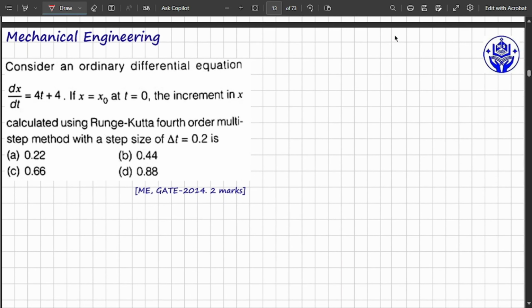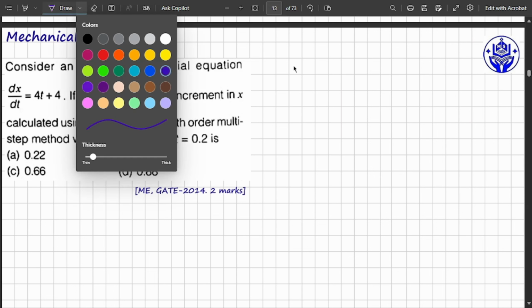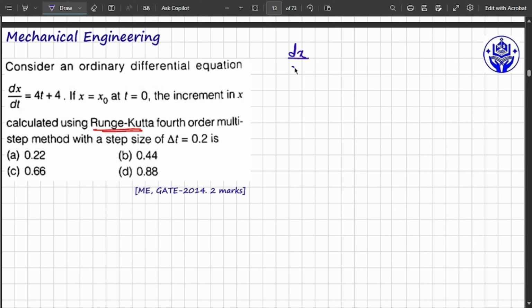Next, consider an ordinary differential equation. This is related to a differential equation, and the method is basically Runge-Kutta. The given differential equation is dx by dt equals 4t plus 4. If I start at x equals x0 at t equals 0, x0 is given as the initial value condition.